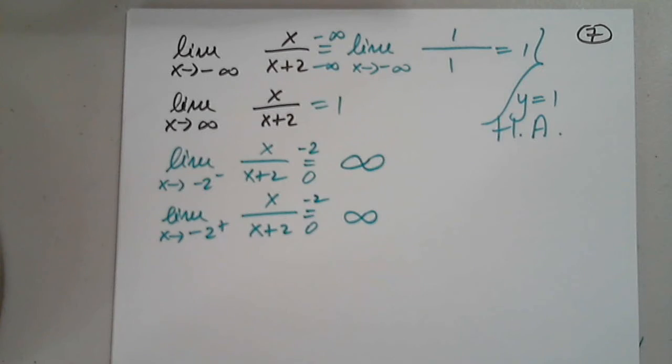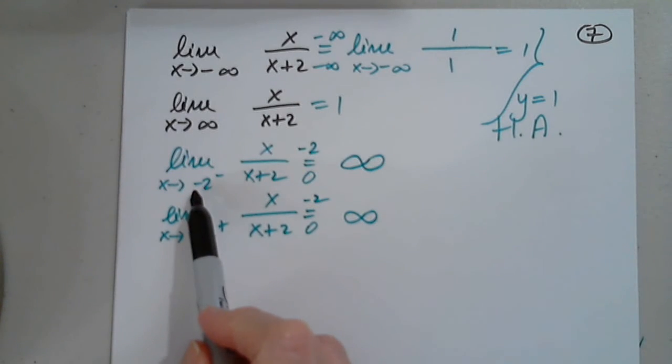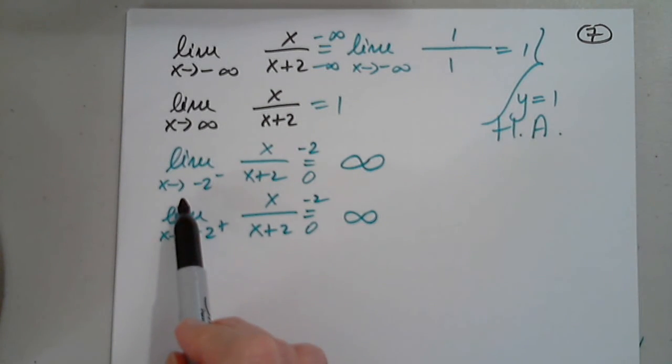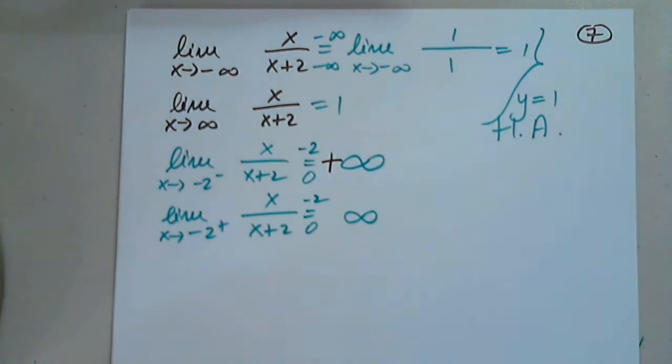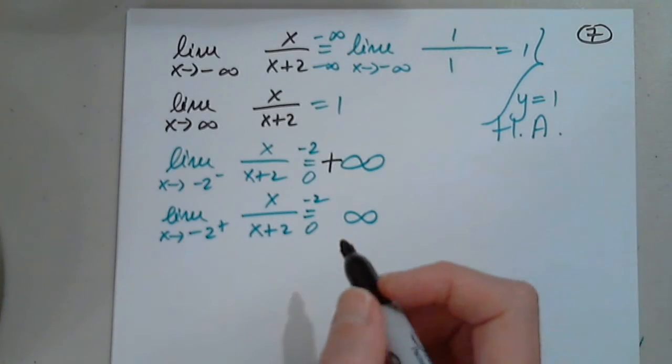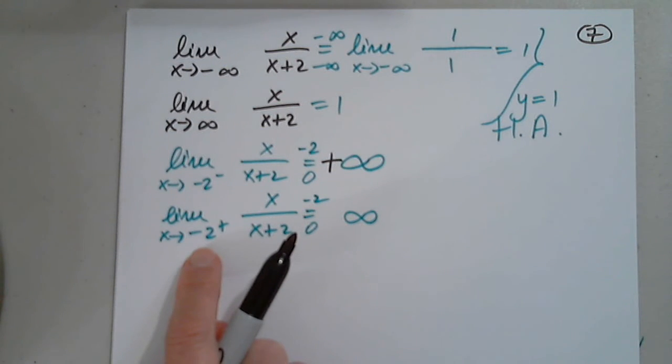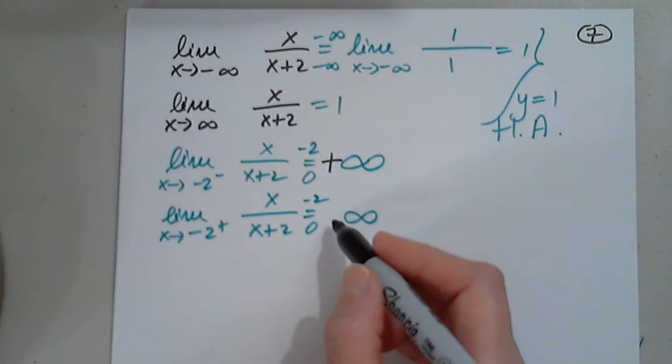Is it negative? So negative 2 from the left is negative 2.1. Negative 2 over negative 2.1 is positive. What about the other one? Something like negative 1.9. Negative 1.9. Yes. And the sign?